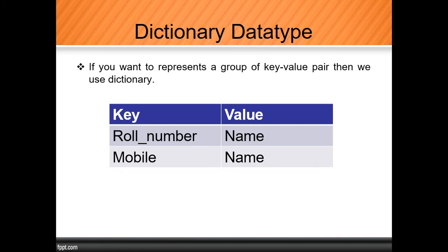According to that, number 10 is bound to a student name. The roll number 12 will be bound to a certain name. Similarly, a mobile number is bound to a name, another mobile number is bound to another name, like that. Similarly, different kinds of options are available, and in that there is a combination of key value pair.